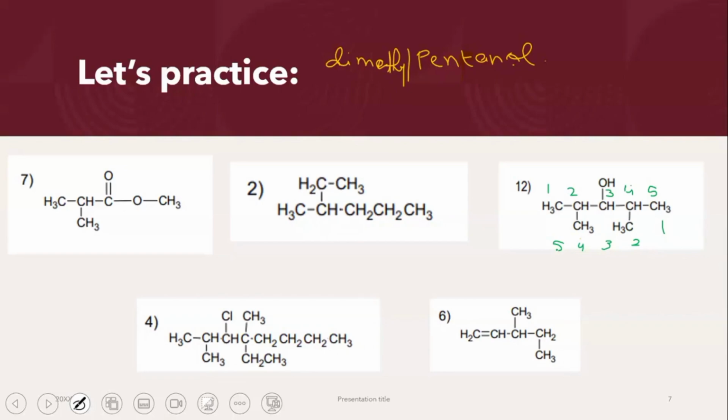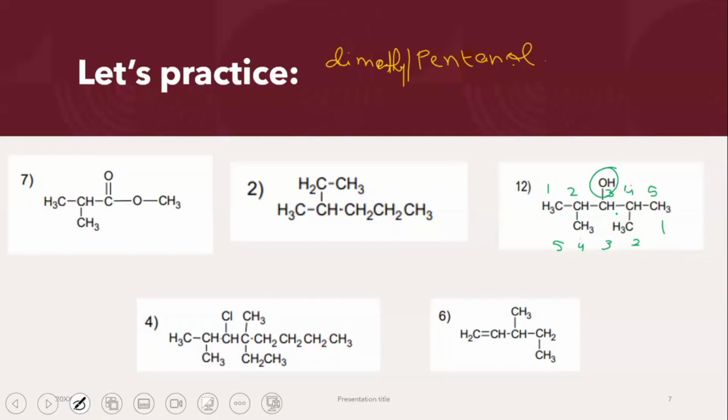Now, in this condition, remember the functional group has priority, meaning that you are going to choose the number for the functional group. And for the rest of them, you will follow the same order.